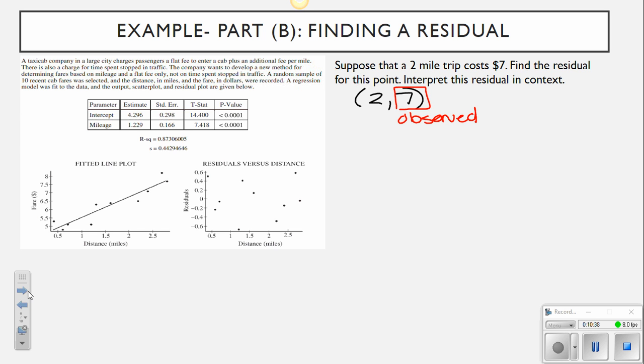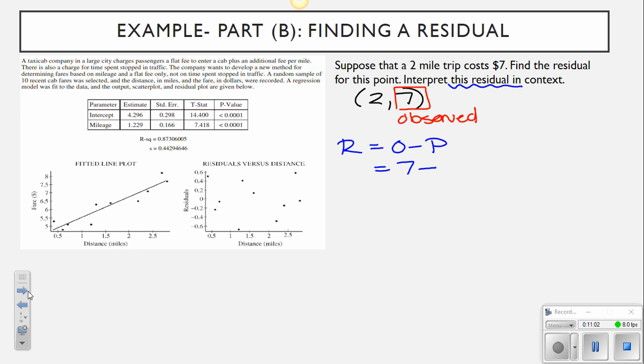How do you find a residual? Because that's the big thing here. How do you find a residual? Distance from the line, but how do we calculate it? That's going to be observed minus the estimated, or observed minus predicted, right? So we know our observed is 7. You guys agree with that? Minus, how are we going to find the predicted value? You're going to plug in 2 for your distance.